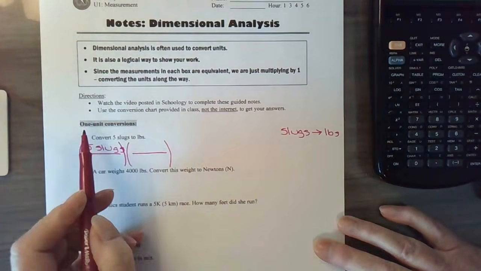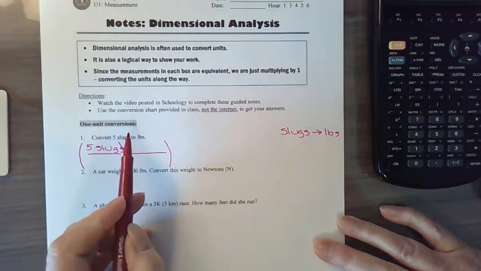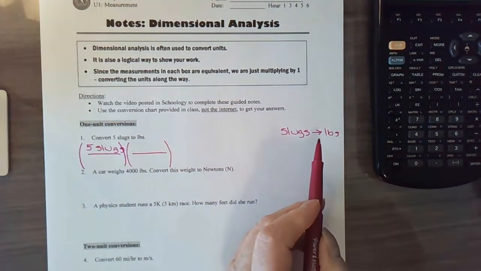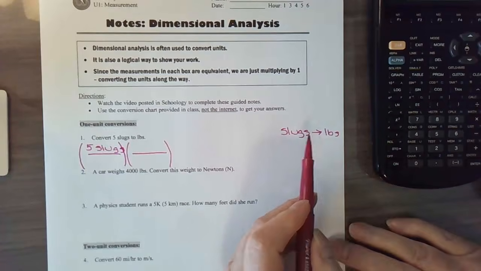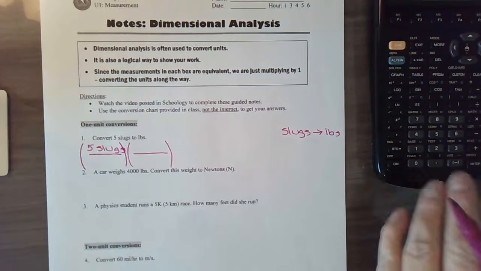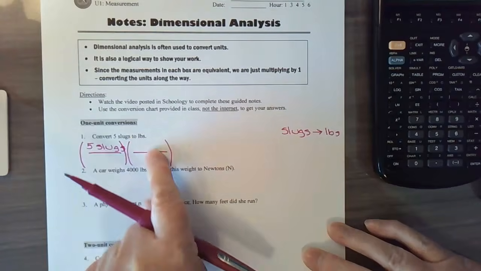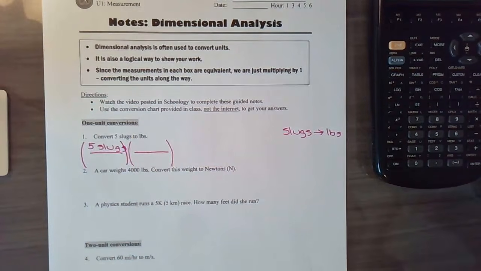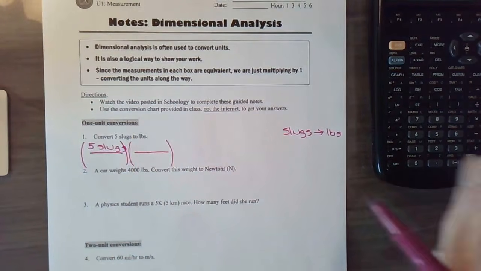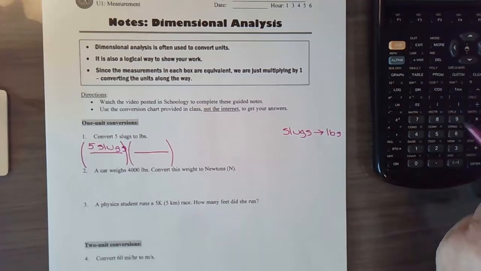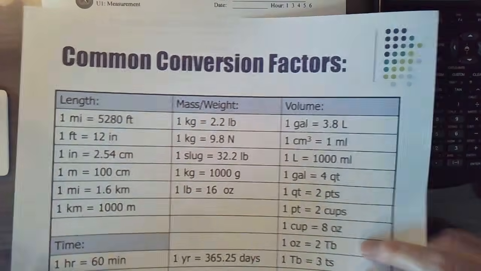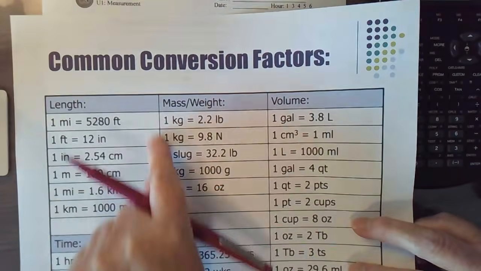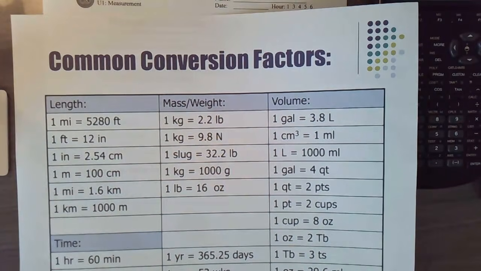That's why I call this a 1-unit conversion, because I have one thing that I need to convert, slugs into pounds. In this fraction here, we have to write down things that are equivalent. So I'm going to look at my chart, in the mass weight column, and try to find something that connects slugs and pounds.